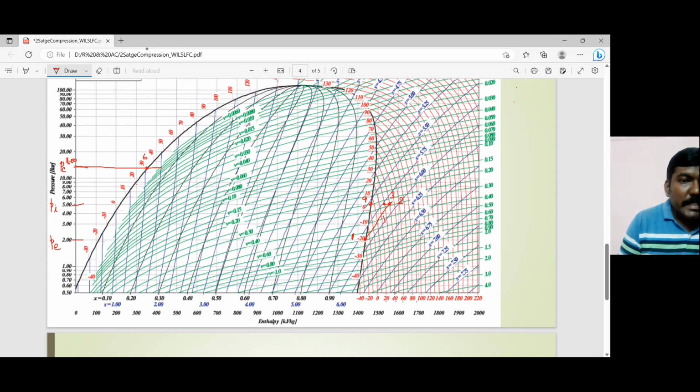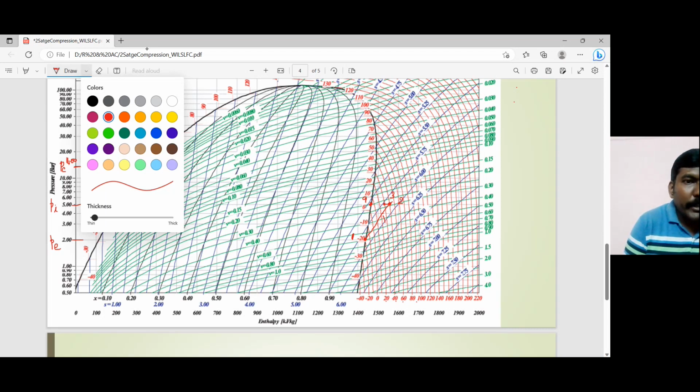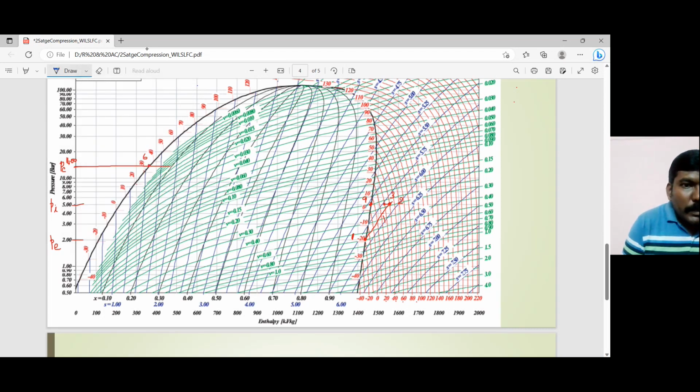So from point number 6, let me put it a little bit higher. So this is my point number 6. And from point number 6, I have to go till the 30 degree centigrade line. So let me show it with a different color over here. This is the 30 degree centigrade line.